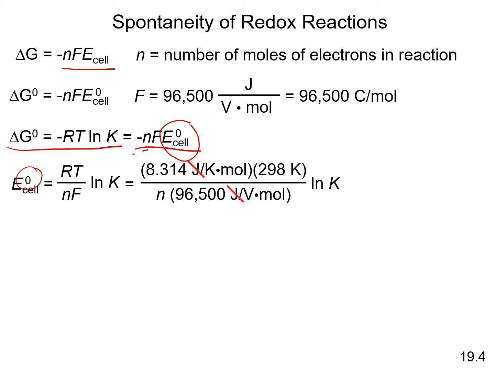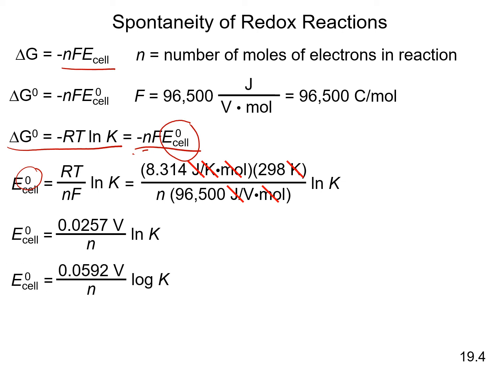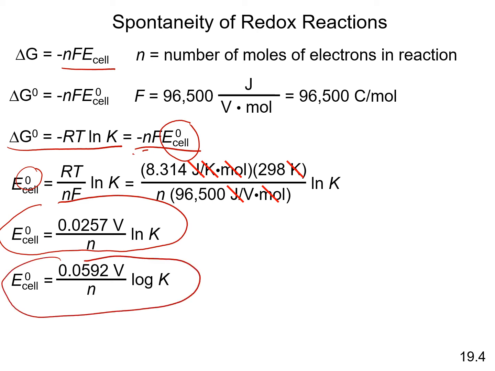Then you cancel the units, so we get this shorter, simpler expression: 0.0257 volts over N ln K. And then we can convert that natural logarithm to log, so it becomes 0.0592 volts over N log K. So this is the expression relating our E cell to the equilibrium constant.